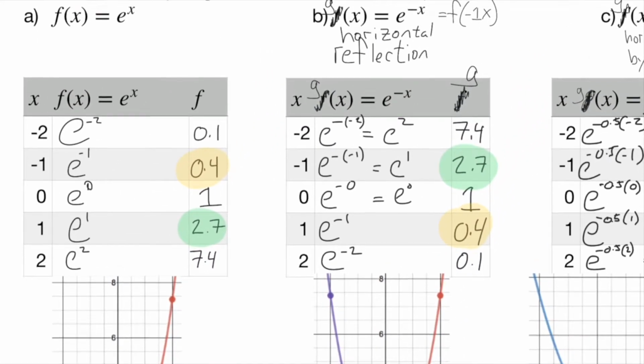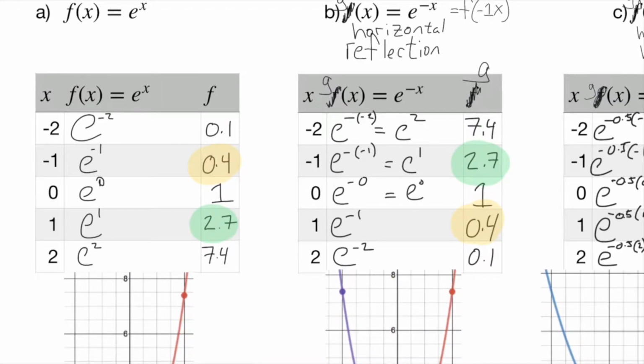Now, I want to take a look and see what happens to these particular values. I highlighted this yellow with 0.4, so we can compare where it is over here. Yellow 0.4, green 2.7. If your function, sorry for the scribbles, is e to the negative x, then that's like the original function f of negative x. Now, we know this is going to be a horizontal reflection.